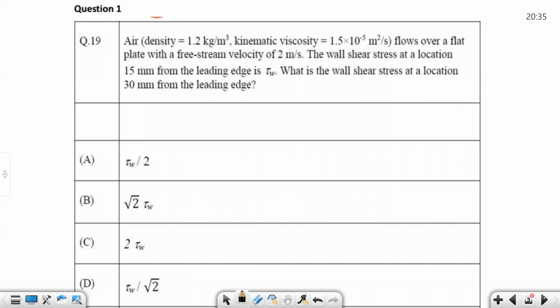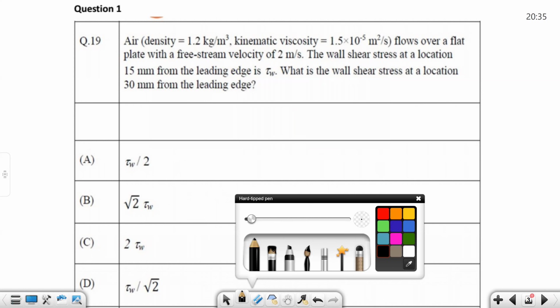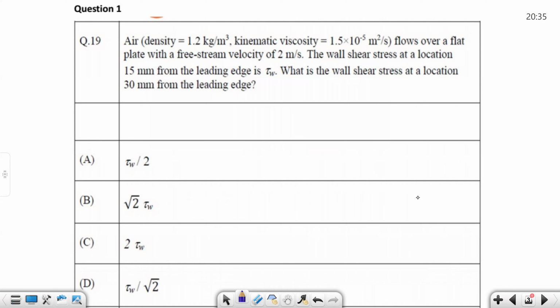So the first question. Here the density rho is 1.2 kg per meter cube.